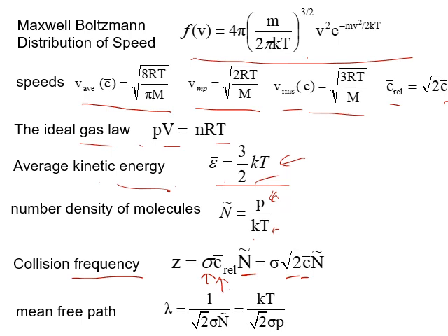And the faster it moves, the more collisions it makes. And the mean free path is defined as the average distance between two collisions. It is inversely proportional to the size and the density. It can also be calculated by kT divided by square root 2 times cross-section area times pressure. So these are the important equations we learned in this section.